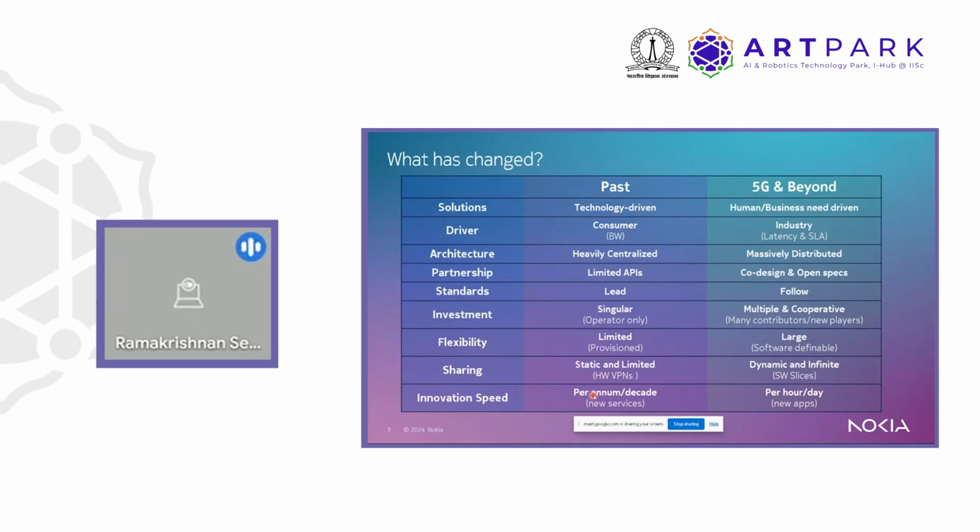Earlier, to think about a new service that you want to offer, it used to take a lot of time in deciding how things had to be envisaged. Now, with the new concept of slicing, you would be able to think about new applications and new services on top, with a number of innovations per day or per hour. Per hour is a slight exaggeration, but it's possible because of the flexibility that it offers.